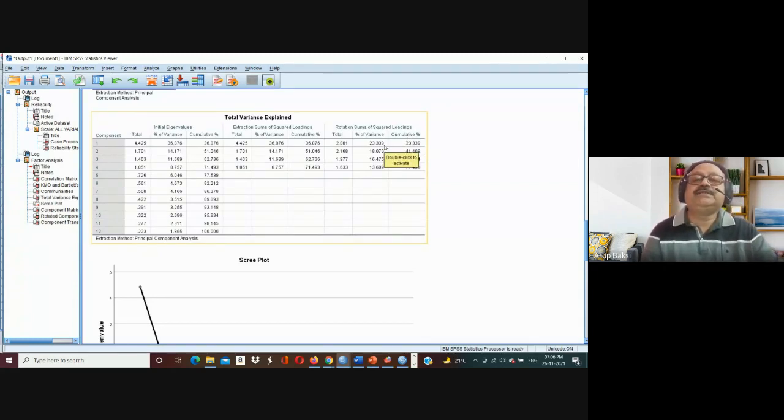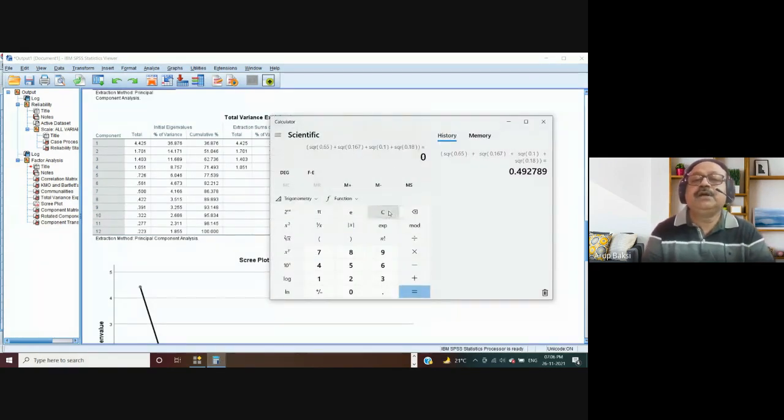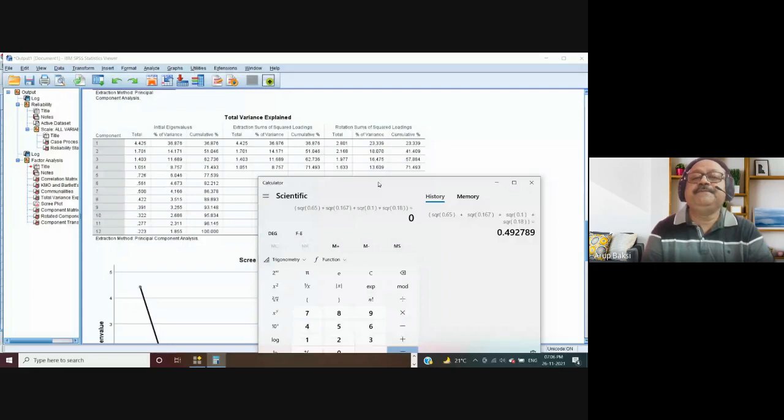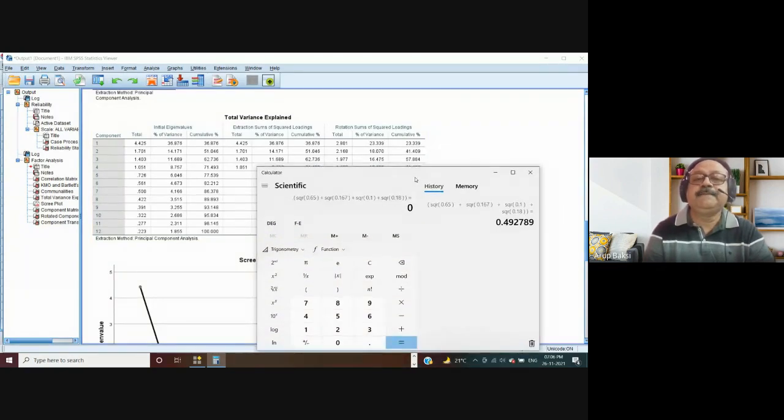Now the issue is from where I am getting this individual variance. So again, I am bringing up the calculator over here. I want to see from where this 23.339 is coming. See, the value over here is 2.801. This is the total value of the rotation sum of squared loadings, 2.801.